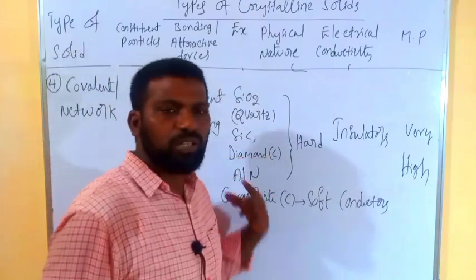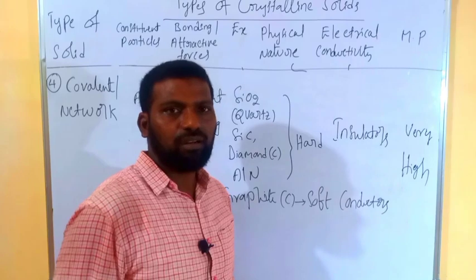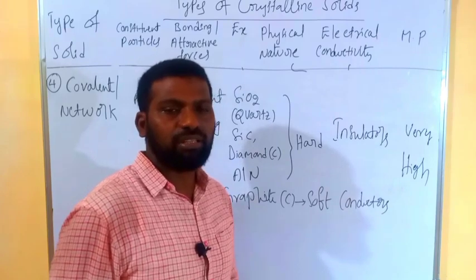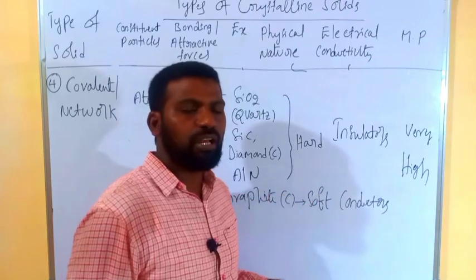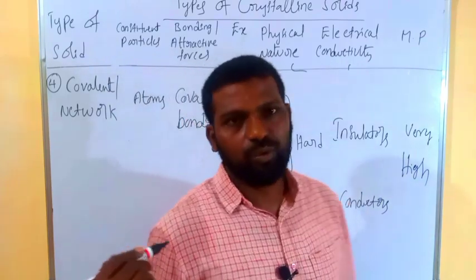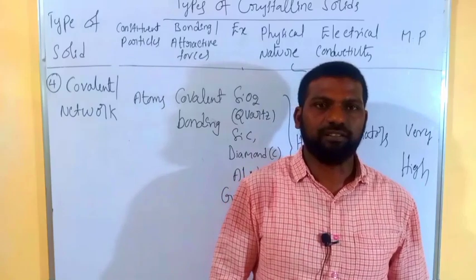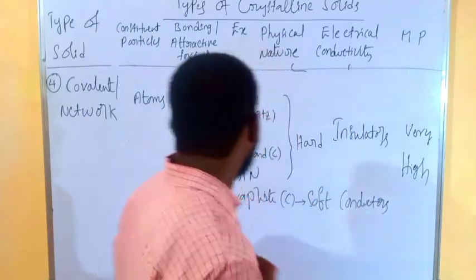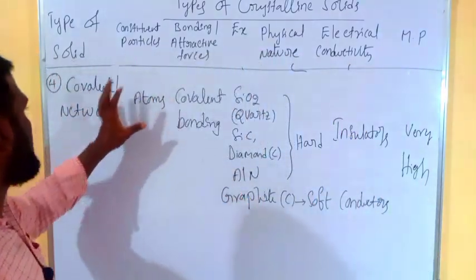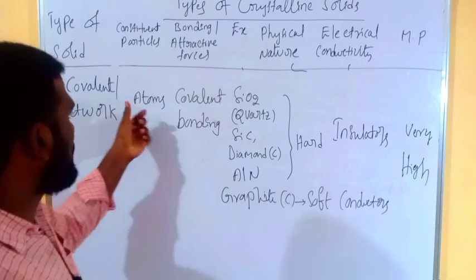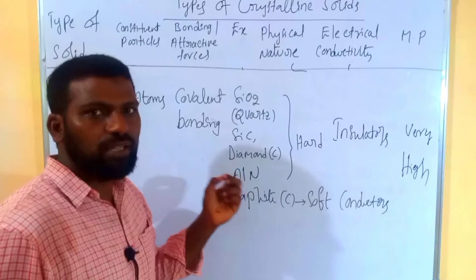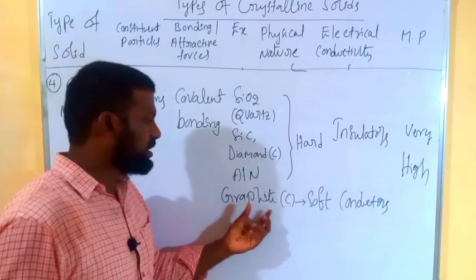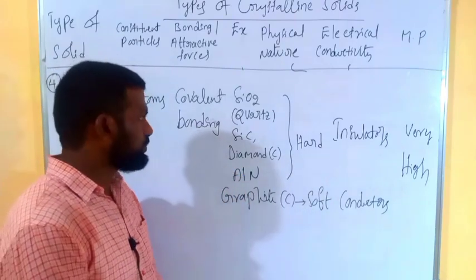You already know about these two examples, that you have studied in 11th class in the chapter on group 14 elements, structure of diamond and graphite, as well as in 10th class itself, right? Okay, now what are the constituent particles in covalent and network solids? They are atoms. What does diamond contain? Diamond contains only carbon atoms. Even graphite contains only carbon atoms.